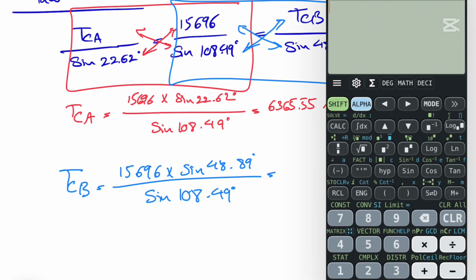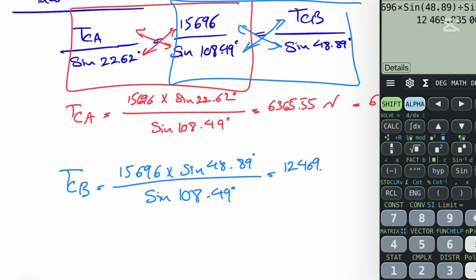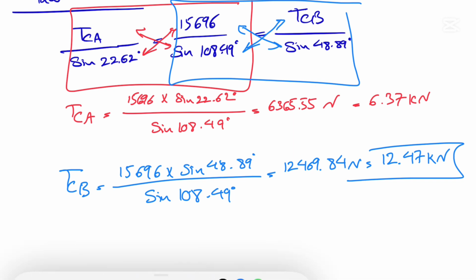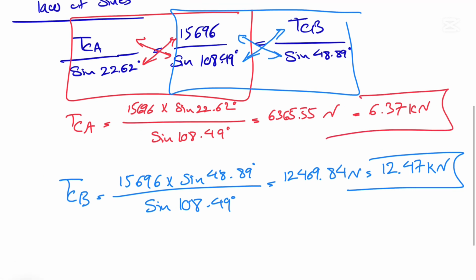And that's going to be 12,469.84 newtons, or 12.47 kilonewtons, which would be the final answer for this question. We needed to find TCB and TCA.